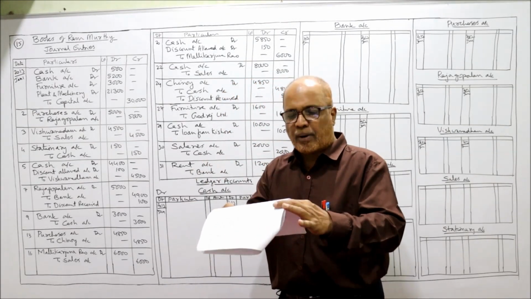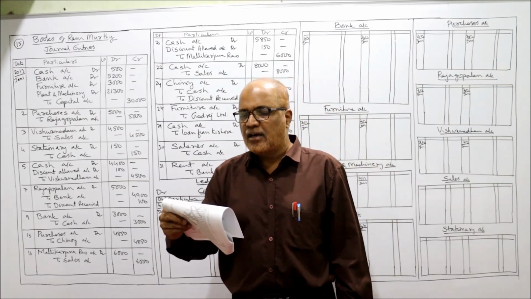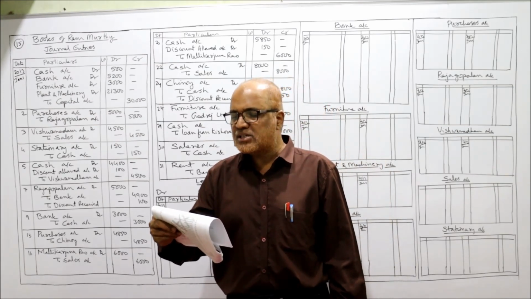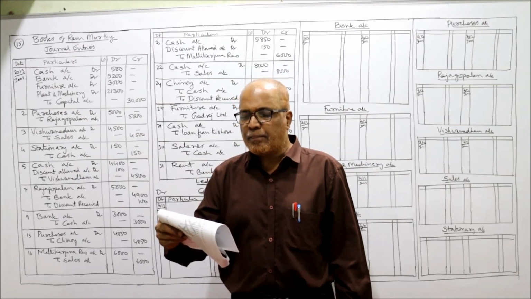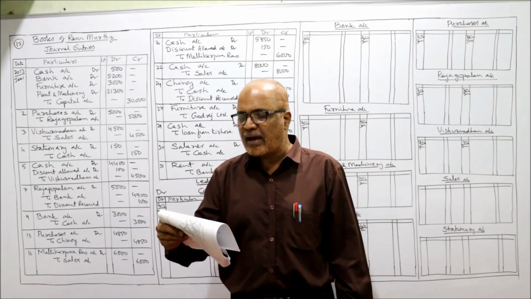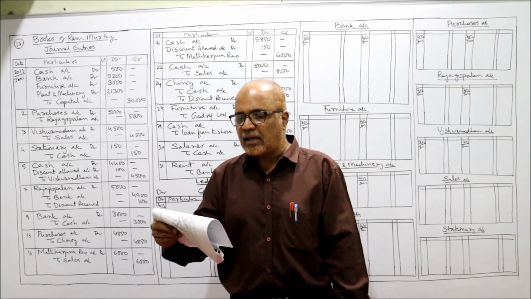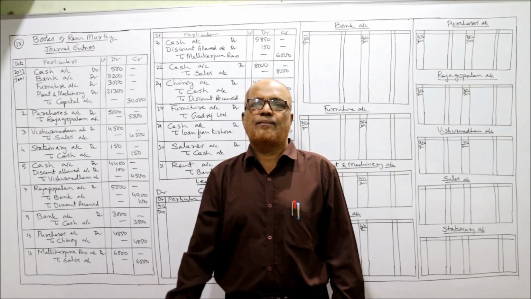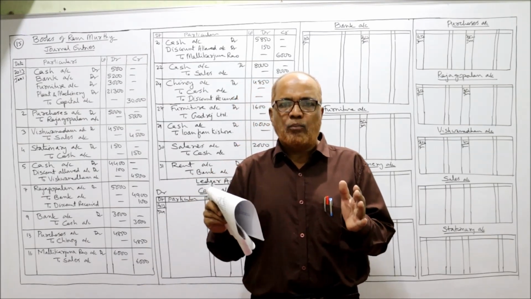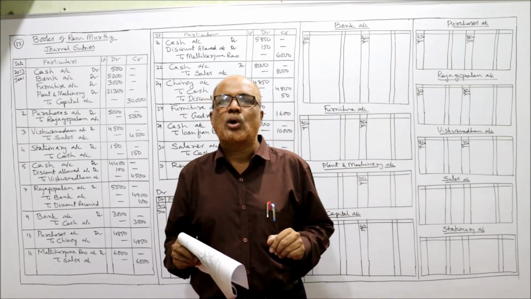So now 15th problem. On 1st January 2013, Ram Murthy commenced business with a capital of 30,000, represented by cash in hand 500, cash at bank 5,200, furniture and fitting 3,000, plant and machinery 21,300. See here, the owner Ram Murthy, when he invests his money in the business, it is called capital.